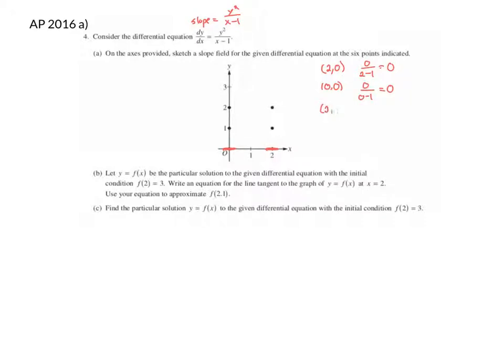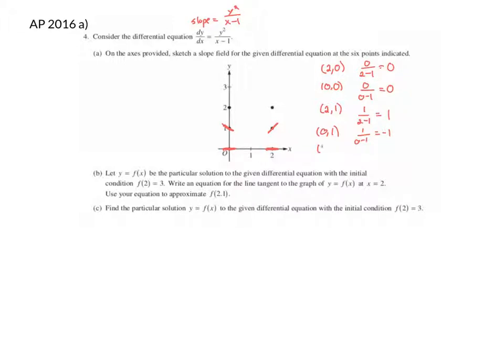At the point 2, 1, I would have 1 squared, which is 1, over 2 minus 1, which is 1. So slope of 1 at that point. And then at the point 0, 1, I've got 1 over 0 minus 1, which gives us a negative 1 slope.